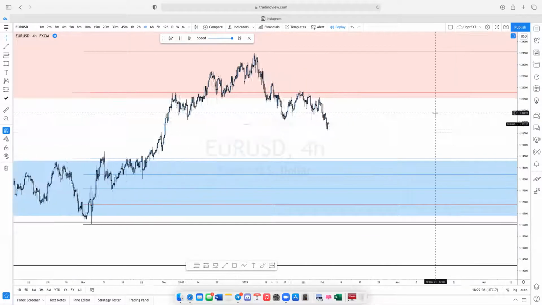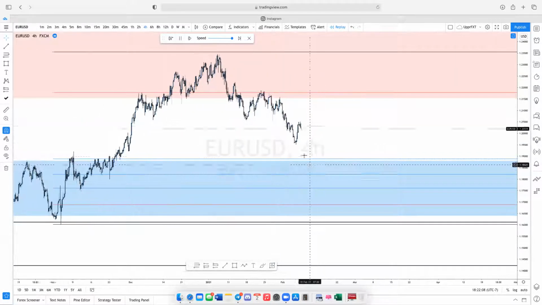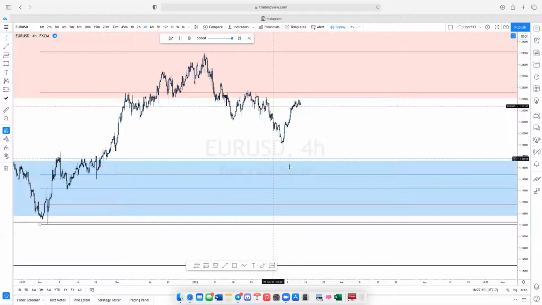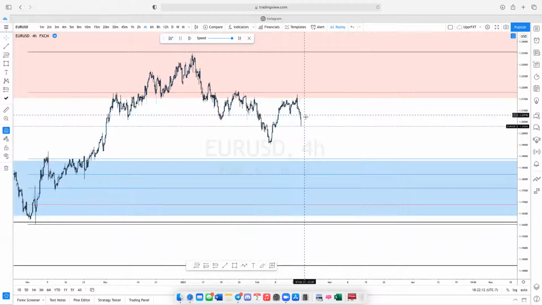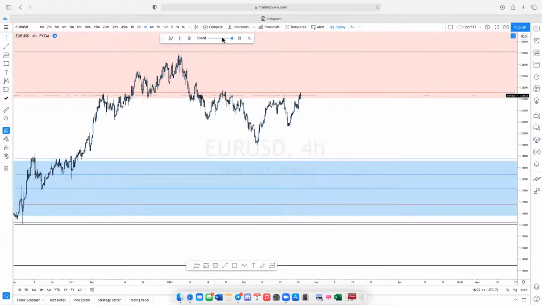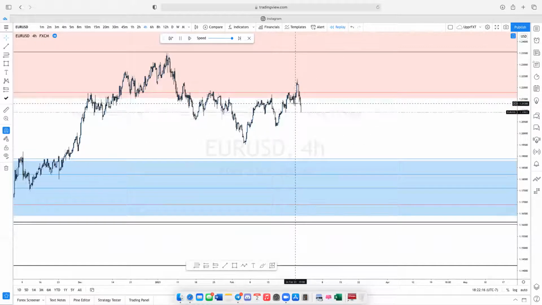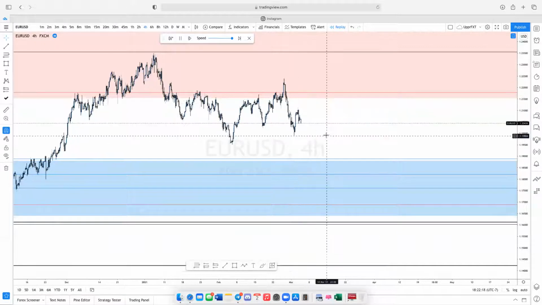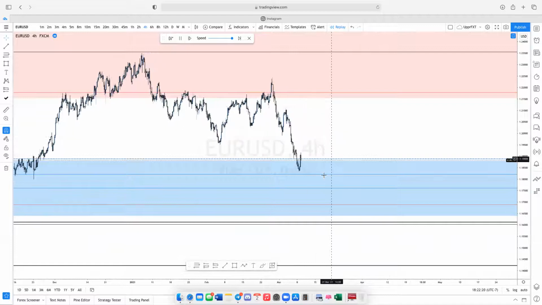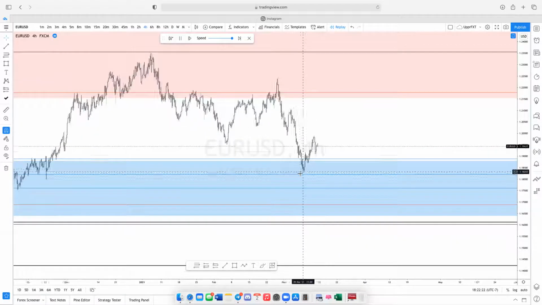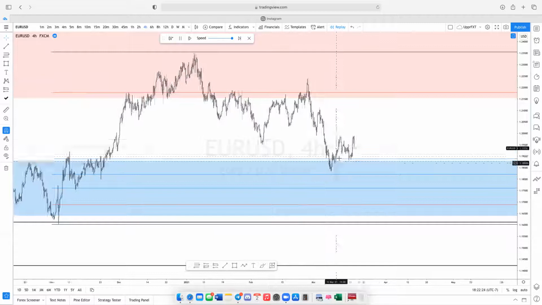As price comes down, it doesn't quite tap into here yet, so we're not entering. Go ahead. Price is coming into our fib level and gave us a tap.